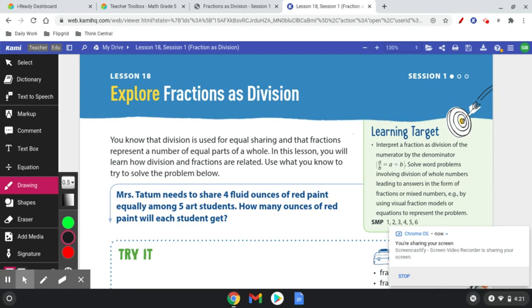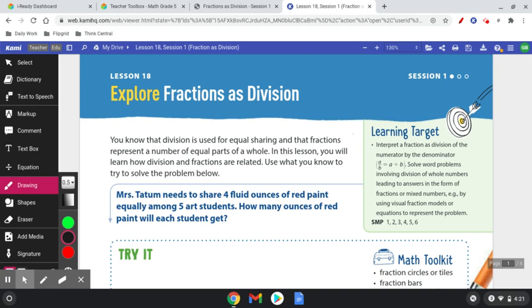Hi, today we're going to be looking at lesson 18 and we're going to be exploring fractions as division. So when you see a fraction, you see a bar, and above it you see a number, which is the numerator, and the bottom, which is your denominator. I want you to see the relationship between that and a division sign.